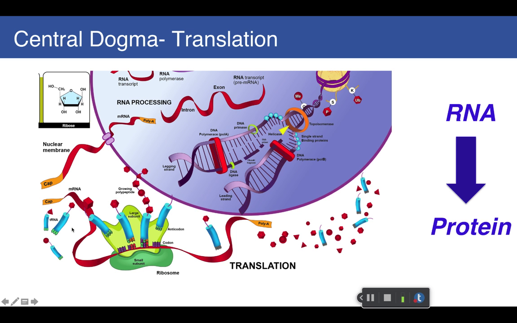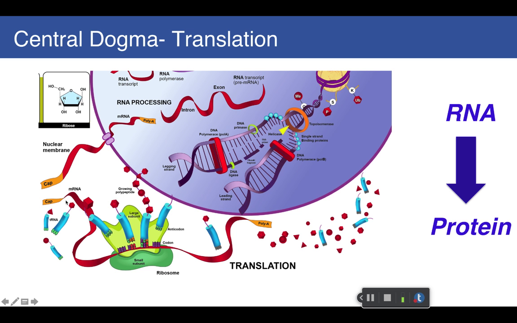We have this mRNA transcript, and a growing polypeptide chain that grows off of it. Amino acids attach to a tRNA, which we have right here. Those tRNAs come in and bind into the ribosomal subunit, and a chemical reaction forms the peptide bond, and as it goes through, you make a growing polypeptide chain.